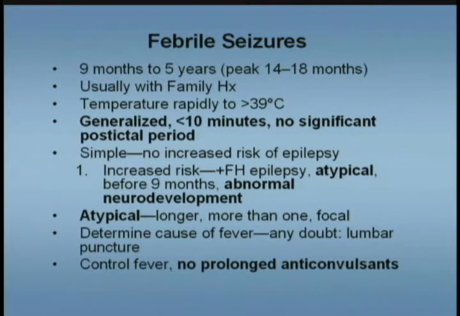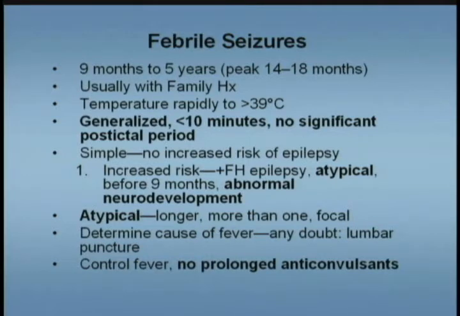Now, some patients are at increased risk to develop seizure disorder after having had febrile seizures, and these are the patients. Those patients that have a positive family history of seizure disorder, not febrile seizures, but of seizures. Patients that have had an atypical febrile seizure, meaning before 9 months of age, or longer than 15 minutes, or a recurrent seizure within that same 24-hour period.